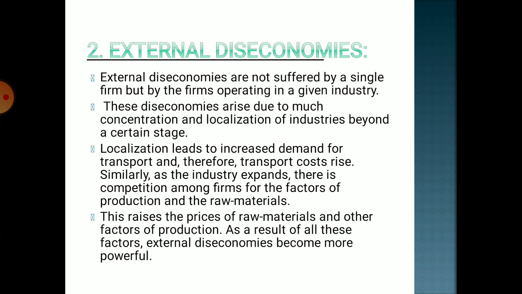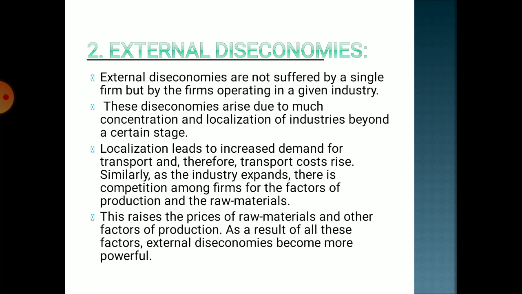In the discussion that we have done in the earlier lecture, we come to know that initially there is economies of scale. In every firm there is an optimum point up to which if you increase your production, your cost is reducing.